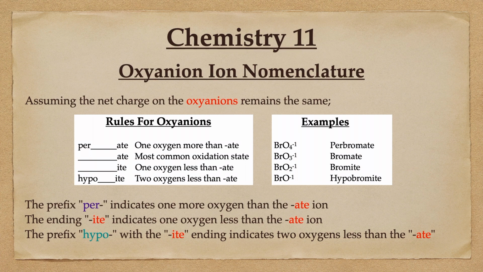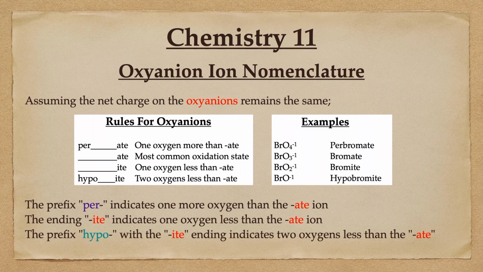If you remove just one oxygen and keep the charge the same, the ending changes from ate to ite. So we now have BrO4-1 is perbromate, BrO3-1, bromate, BrO2-1, bromite, and if possible, and we can remove one more oxygen, BrO with a -1 becomes hypobromite.